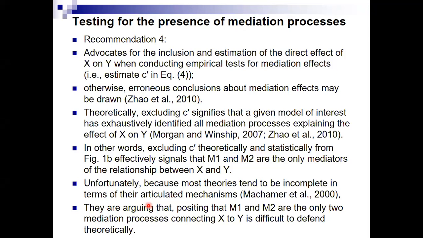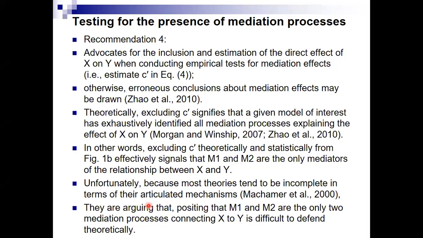Why? Because if you don't do that, some erroneous conclusions about mediation effects may be drawn. Theoretically, excluding C prime signifies that a given model of interest has exhaustively identified the mediation process explaining the effects of X on Y.